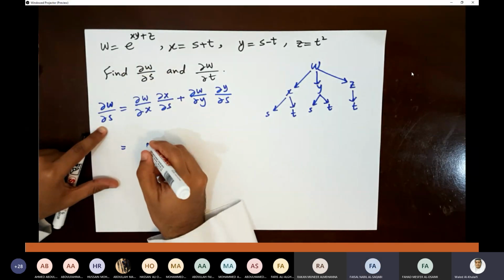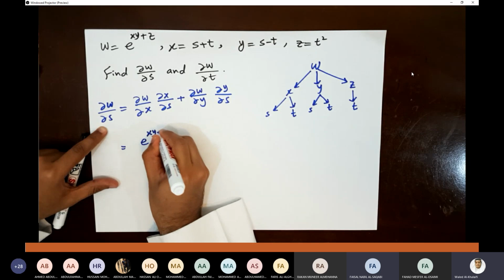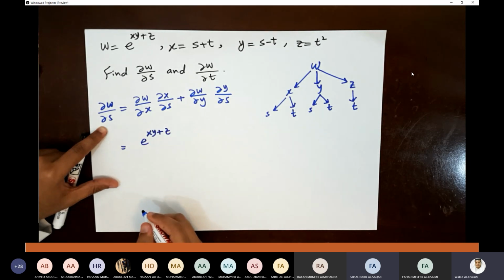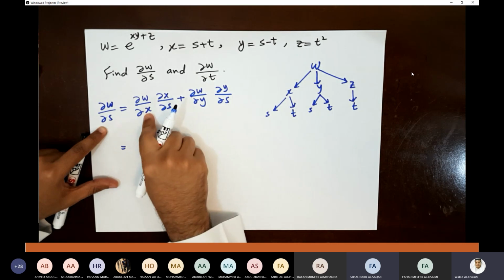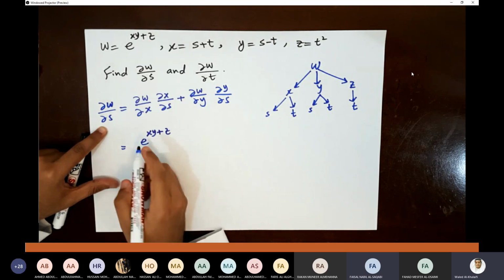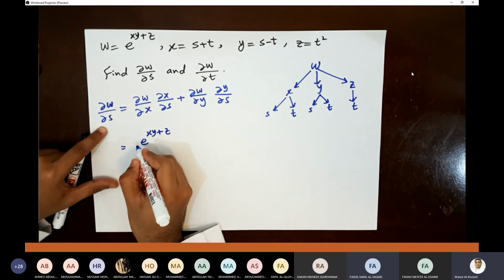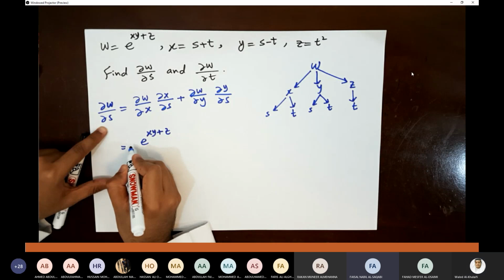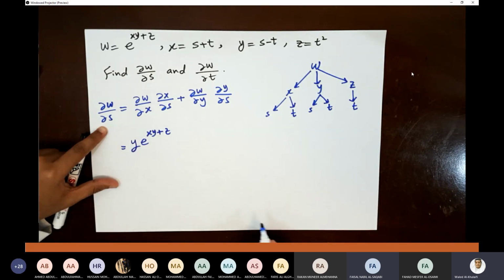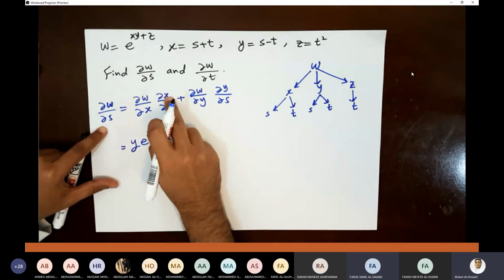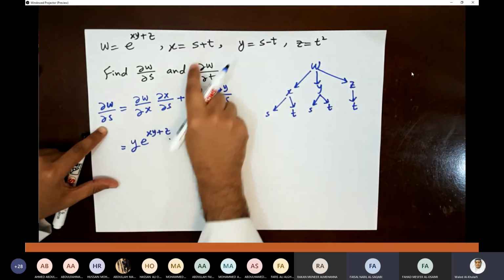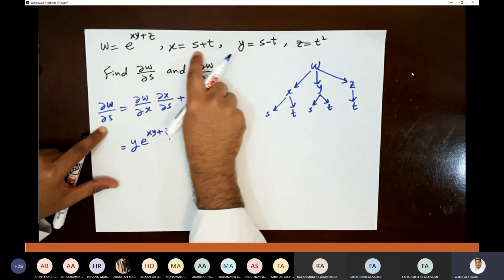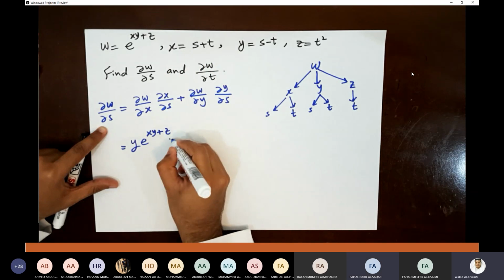It becomes e^(XY), the same, times the derivative with respect to X. So e^(XY) times the derivative of the power, X becomes 1, and the Z is 0. So multiply by Y. Now times dX by dS. What is the derivative with respect to S? I get it from here, which is 1. So I say plus.